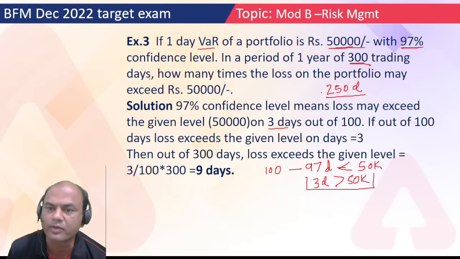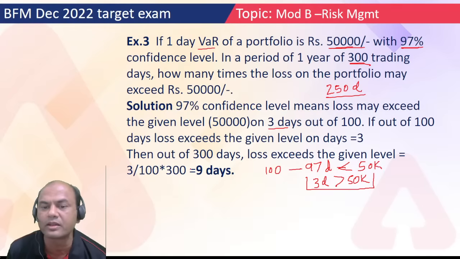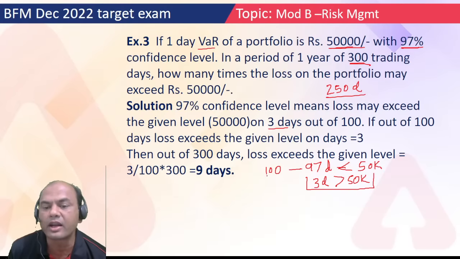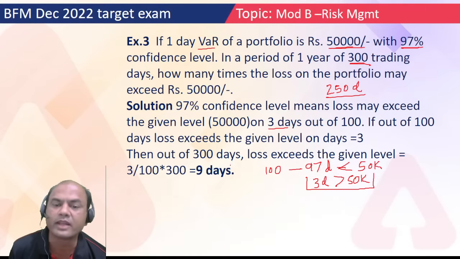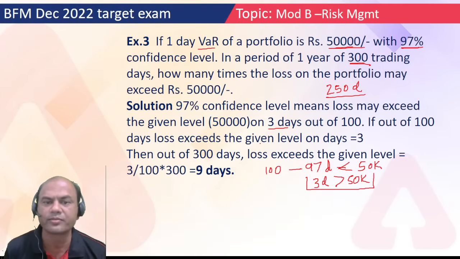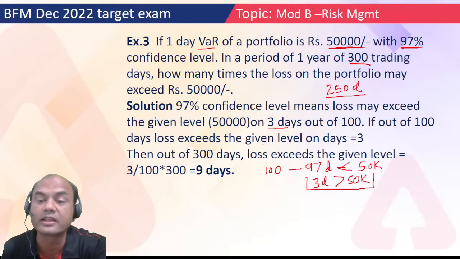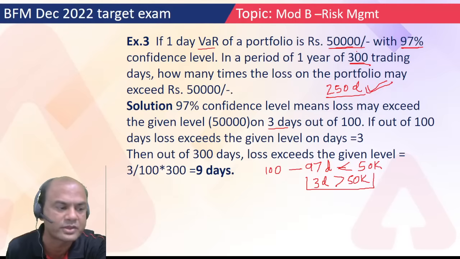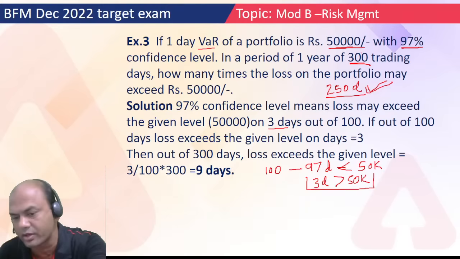If the number of trading days is 250, what will be the number of days on which my loss will exceed 50,000? 100 is 3, so 250 into 3 upon 100, that is 7.5 days. Correct? Got it, everyone? 7.5 days, in the case where the number of trading days is given as 250. But here in this question, it is given 300. Got it clear?